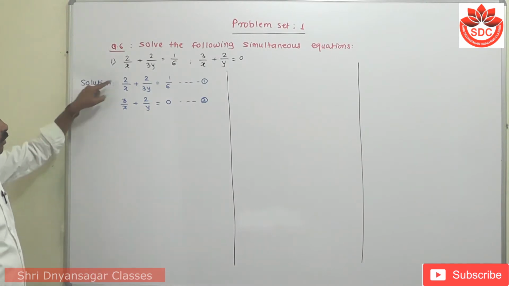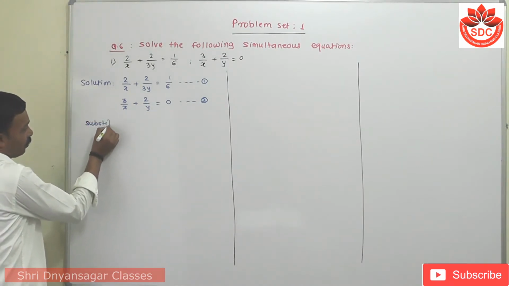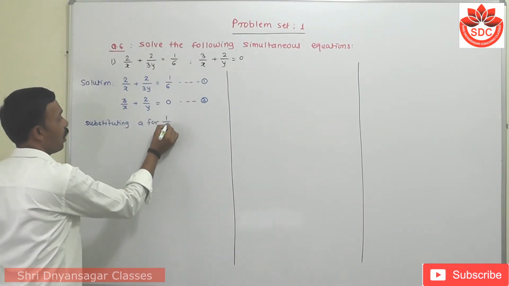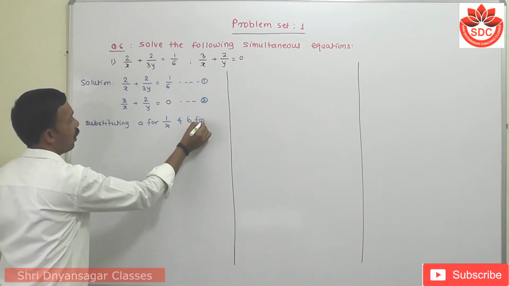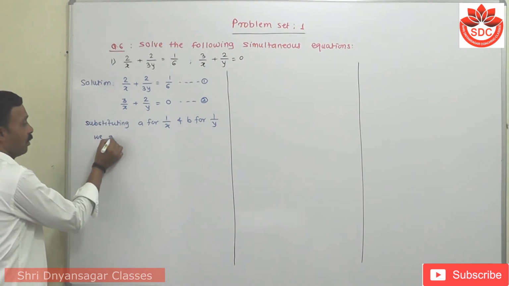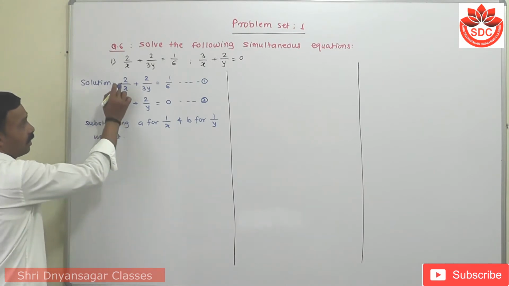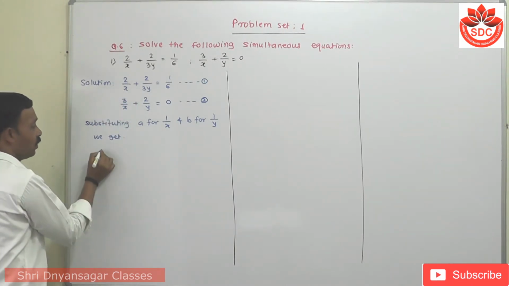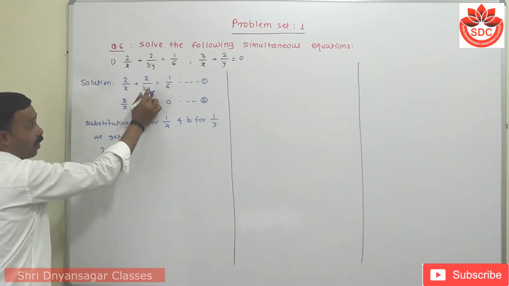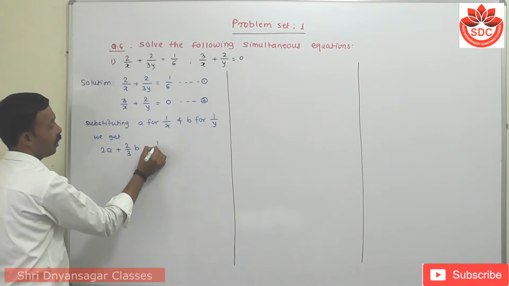So substituting the value of 1 upon x and 1 upon y. Here I have to write substituting a for 1 upon x and b for 1 upon y. We get: we write this equation in such a way that 2 into 1 upon x means 2a, plus 2 upon 3 into 1 upon y means 2 upon 3 into b, is equal to 1 upon 6.